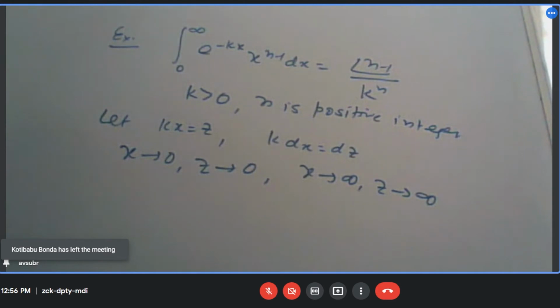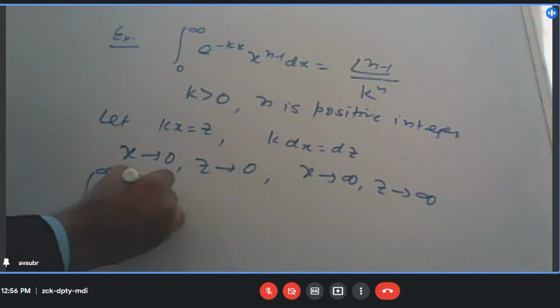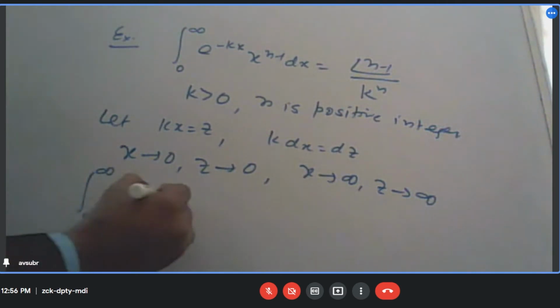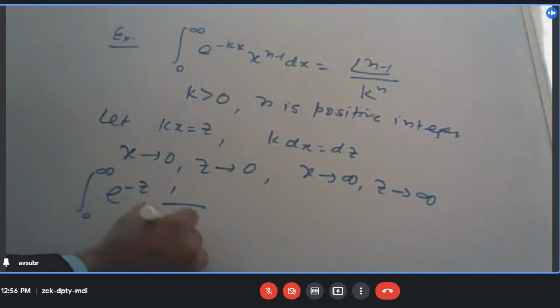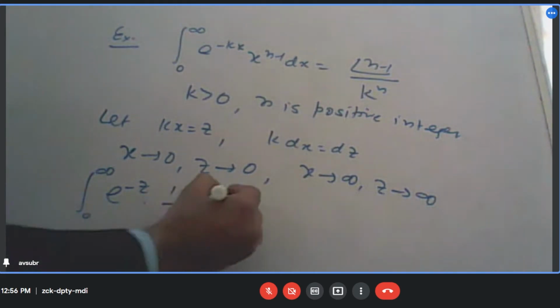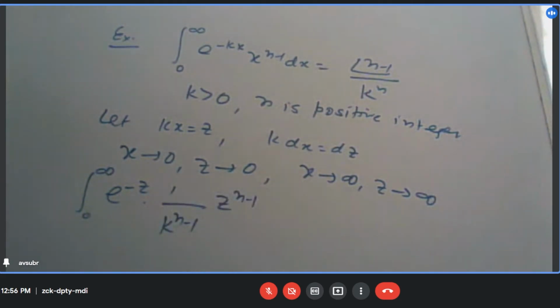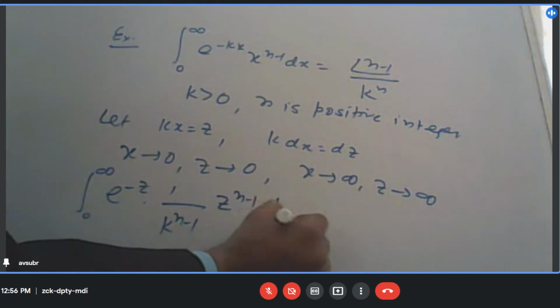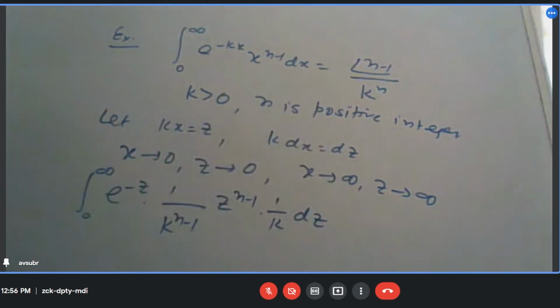So we get the integral from 0 to infinity, e to the power minus z, into 1 by k to the power n minus 1, into z to the power n minus 1, into 1 by k, into dz. All right?